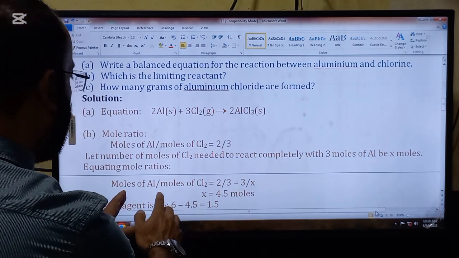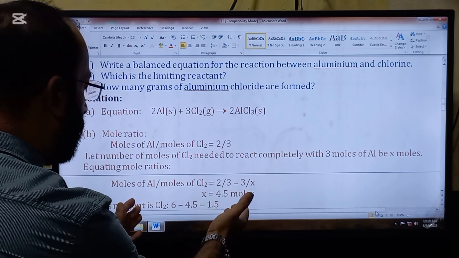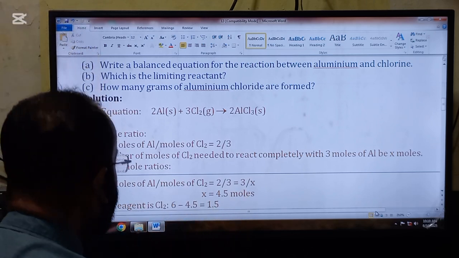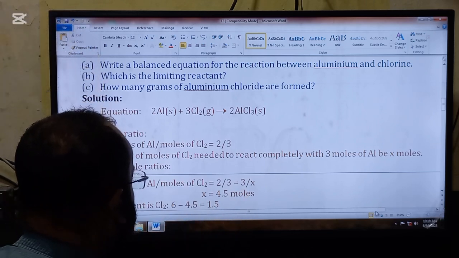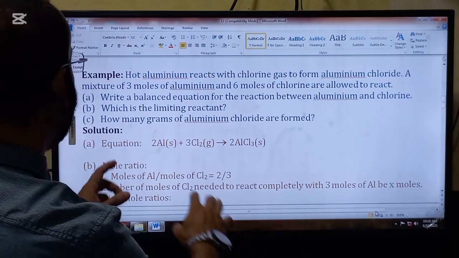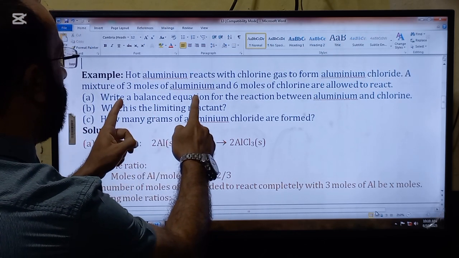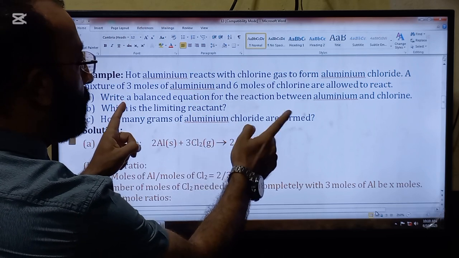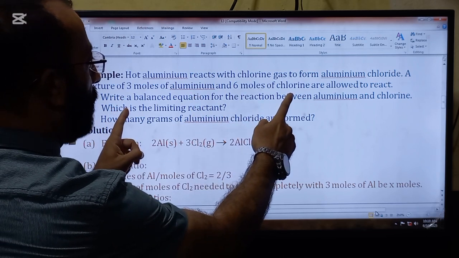Okay, it means 4.5 moles of chlorine are enough to react with 3 moles of aluminium, but in total 6 moles of chlorine were given.